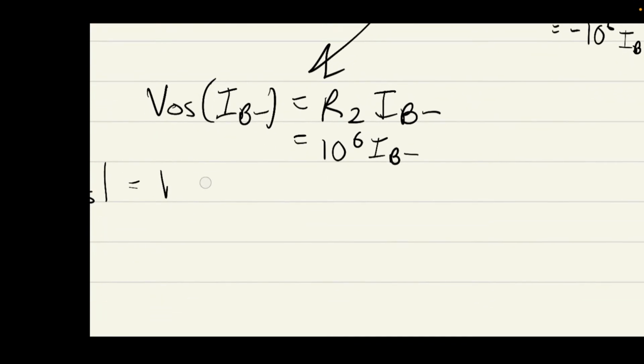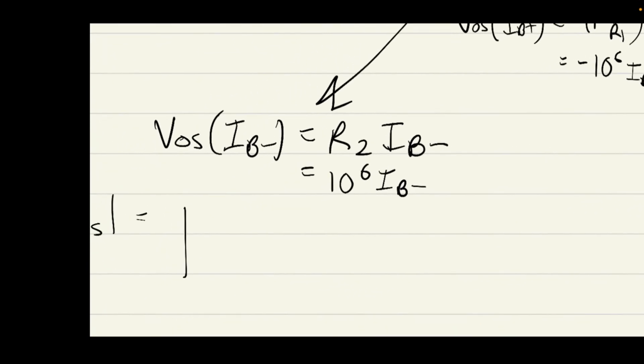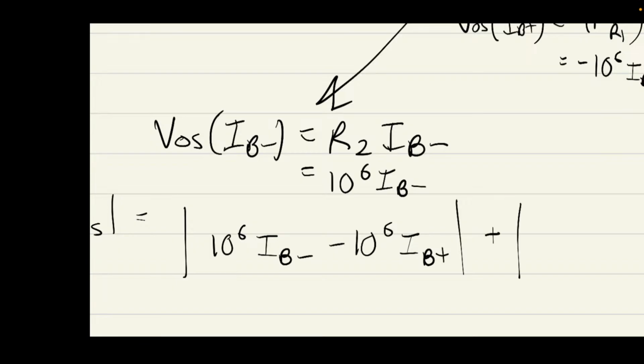So in the first bracket, we have the absolute value of the contribution of IB minus: 10 to the 6 IB minus, minus 10 to the 6 IB plus. And then we're adding on the offset due to the voltage, so that is just going to be minus 101 VI naught.